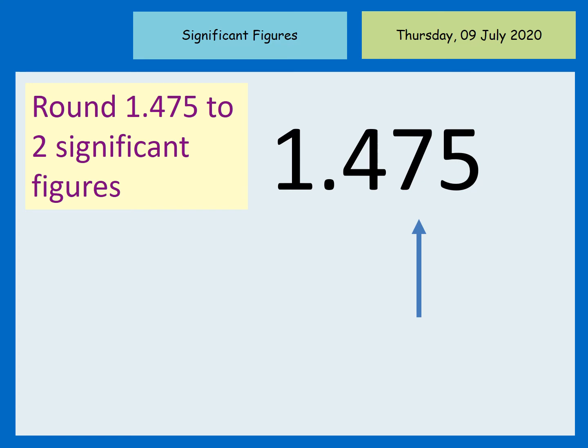The 7 is going to tell us whether the number rounds up or down. So the 1.4 will round up, which means that 4 becomes a 5 and we get an answer of 1.5. Now you could write 1.500, but the zeros would be redundant, so we don't need them and we just leave it as 1.5. Exactly the same as rounding to one decimal place.